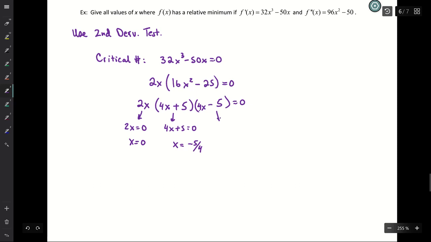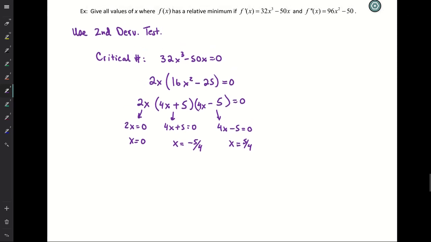And then this one to 0, and eventually solving is going to yield x is equal to positive 5 over 4. So there's our critical numbers now. Now for the second derivative test, we take these critical numbers and we stick them into the second derivative. So at this point, evaluate into the second derivative.